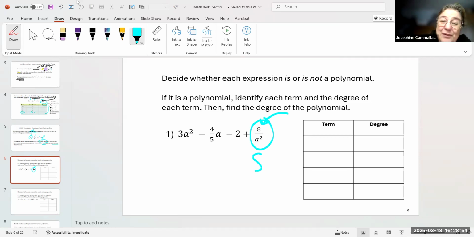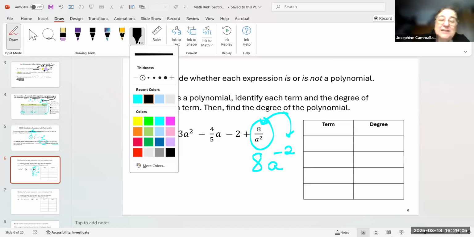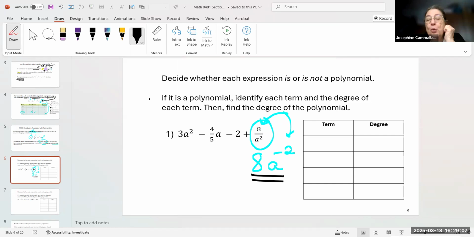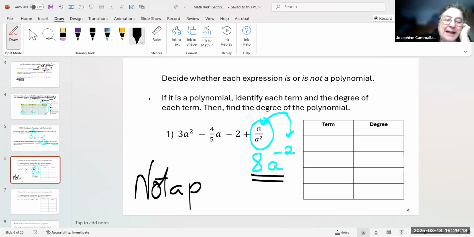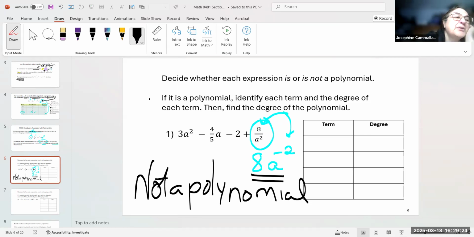Do you remember that I can write this as a to the -2? When I can write one of the powers as a negative exponent, this is not a polynomial. Remember, it's got to be whole numbers.